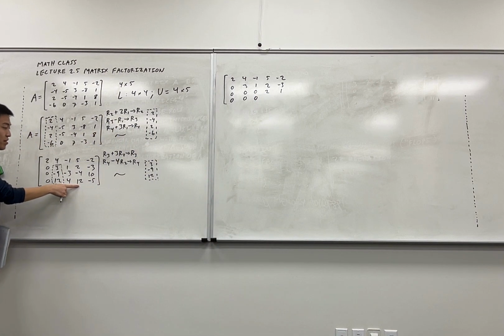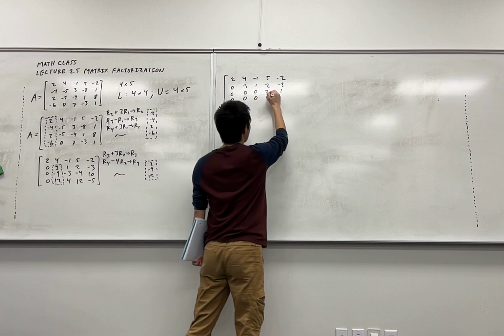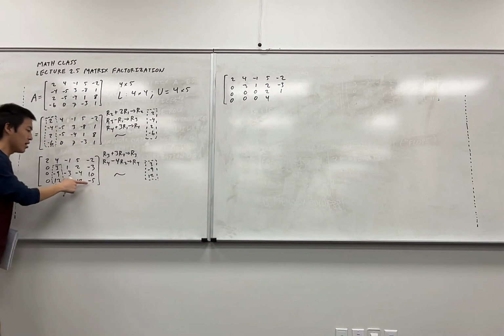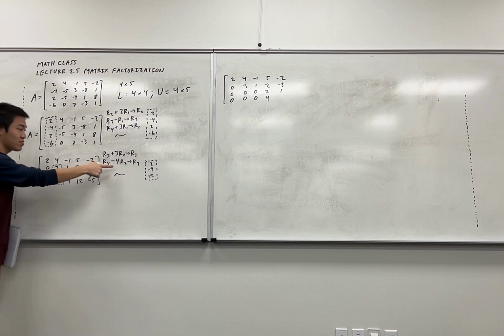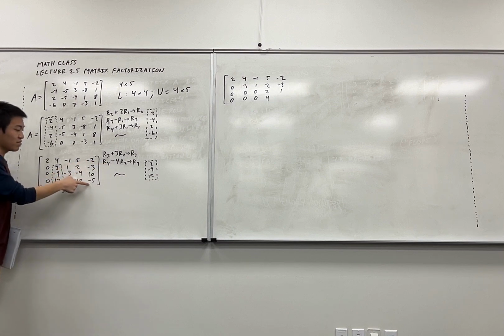Here is 12, and then I'm going to subtract 2 times 4. So 12 minus 8 is 4. Here is -5, and then this -3 times 4 is positive 12. So 12 minus 5 is 7.